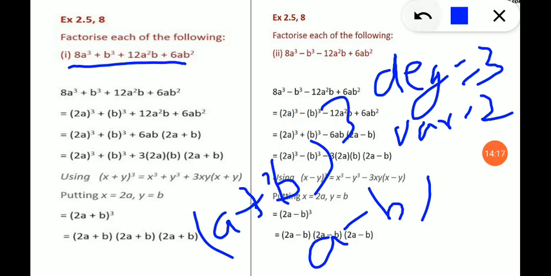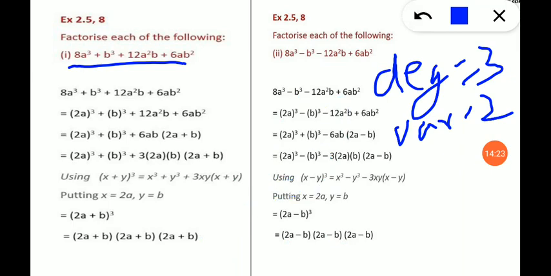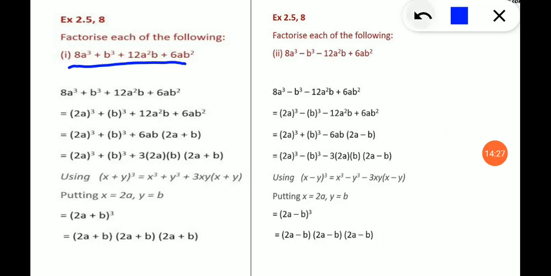So like this we can say which formula we have to use. Now how to apply the formulas? First of all, if the power is cube, we will make a whole cube. So it is 2a cube plus b cube. Then if we can carry something common from it, we can take it out.